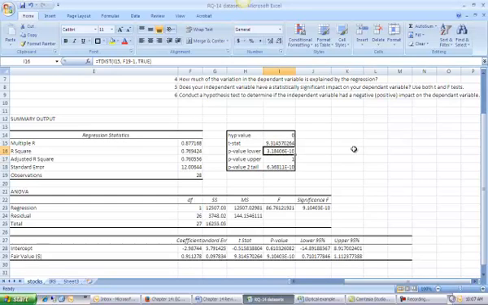I'm rejecting the negative impact, which is telling me that yes, it does in fact have a positive impact. So H0 here is beta fair value is less than or equal to 0, and HA, beta fair value is greater than 0. I would reject H0, so I am 95% confident that fair value does have a statistically significant positive impact on share price.